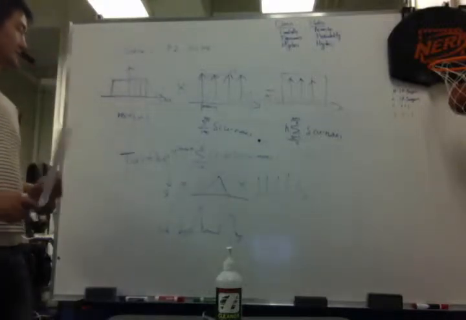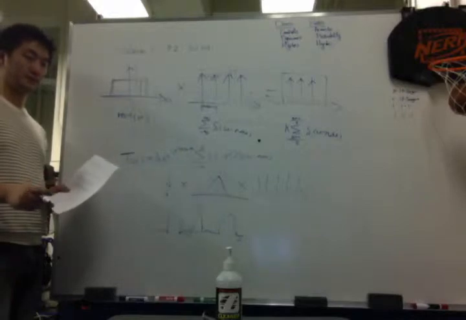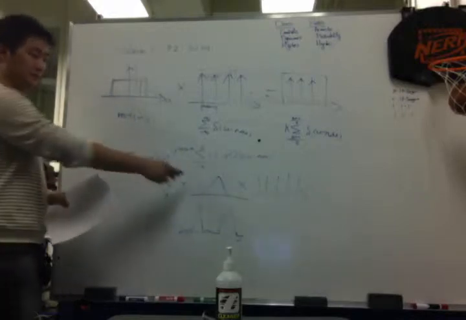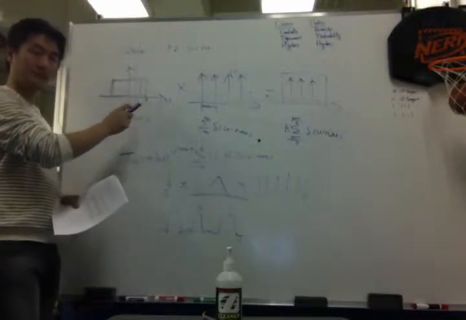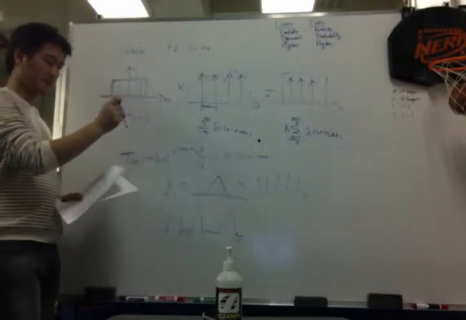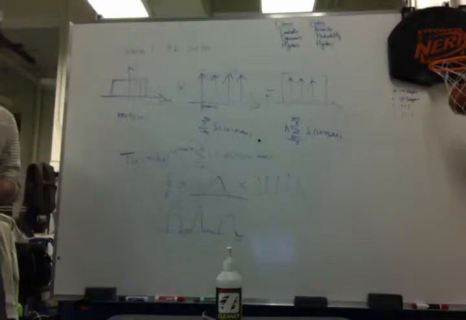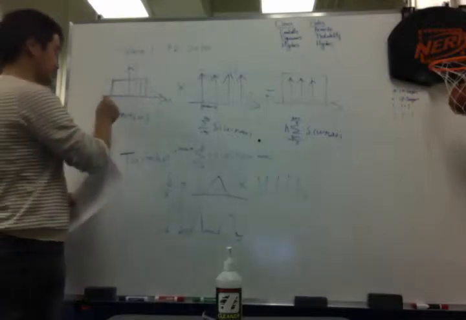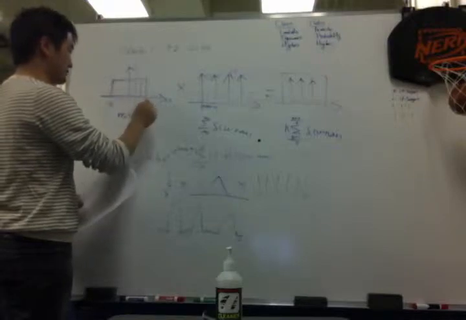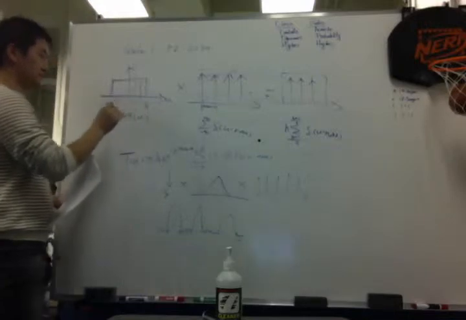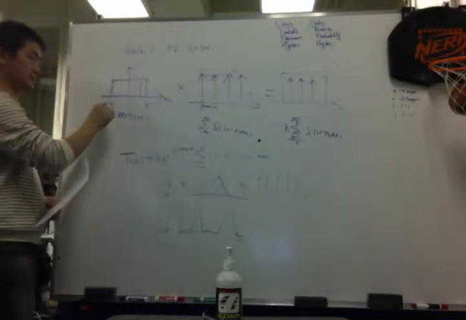Since it's convolved, a triangle is a convolution of 2 rectangles, but it should still be lambda over L, because it's just sinc squared. You're not changing any of the zeros.